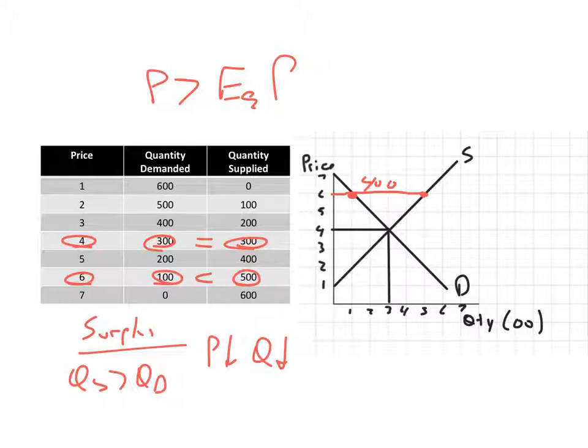They respond by producing less and lowering price, and so they will move along their supply curve. As firms lower price, quantity demanded will rise. And so we see buyers and sellers converging to this $4 equilibrium price. This is in the case where price is greater than equilibrium.